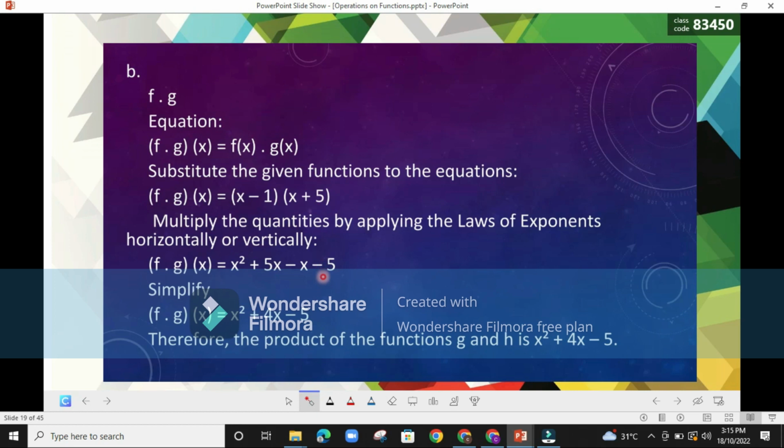Then combining like terms and simplifying, you have to copy x squared, 5x minus x is 4x, then copy minus 5. Therefore, the product of the functions f and g is x squared plus 4x minus 5. So corrections for this one.